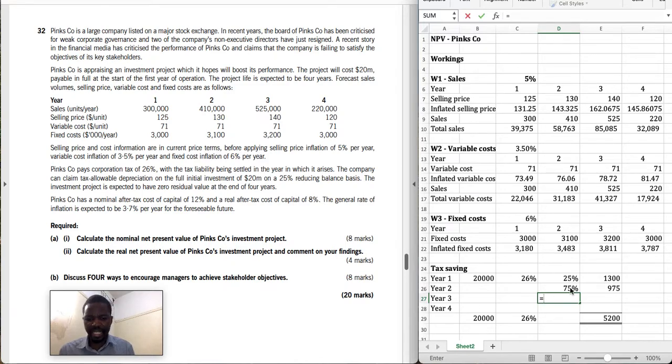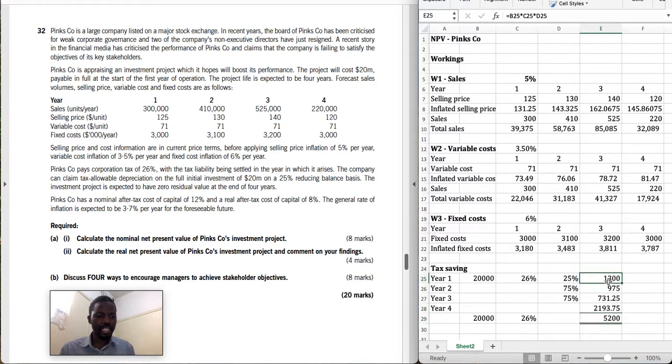Then in year 3, we also say 75% of year 2. We get that. Then in year 4, we get a balancing figure. So a balancing figure, we say the total amount of tax to be saved is 5.2. We less tax that is claimed in year 1, less tax saving for year 2, less tax saving for year 3.